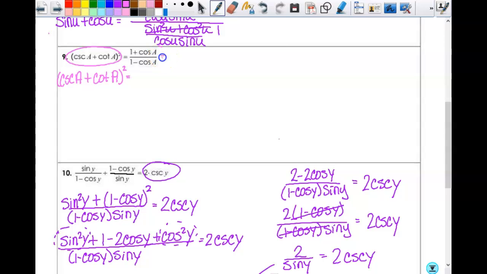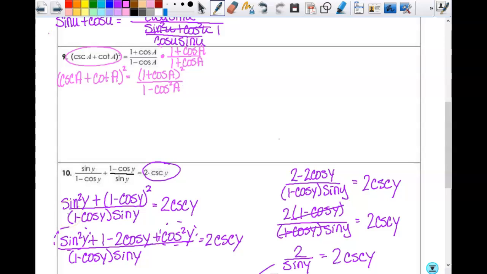So I'm going to multiply it by the conjugate of the denominator, 1 plus cosine A over 1 plus cosine A. Okay? So in the numerator, I get 1 plus cosine A squared over, then this is a difference of squares, so that becomes 1 minus cosine squared A.